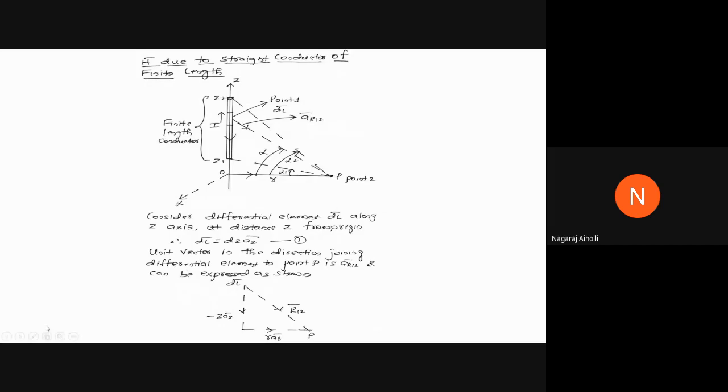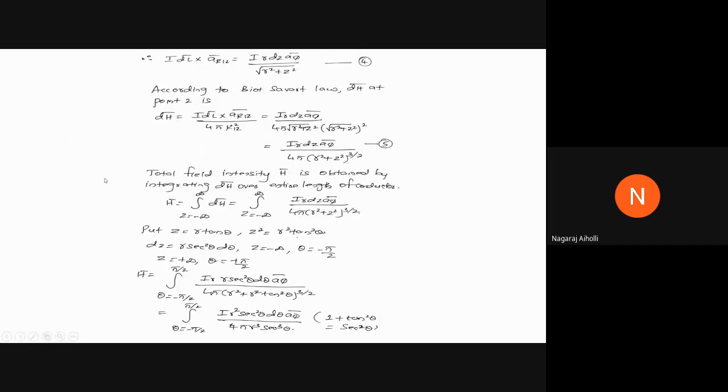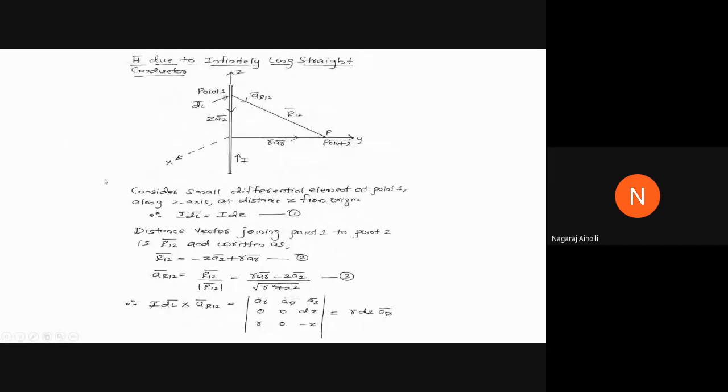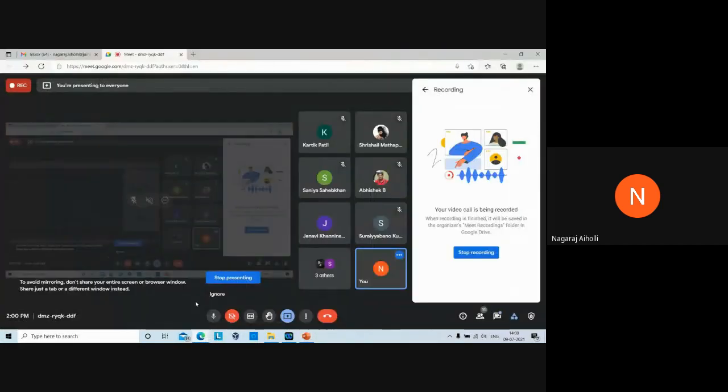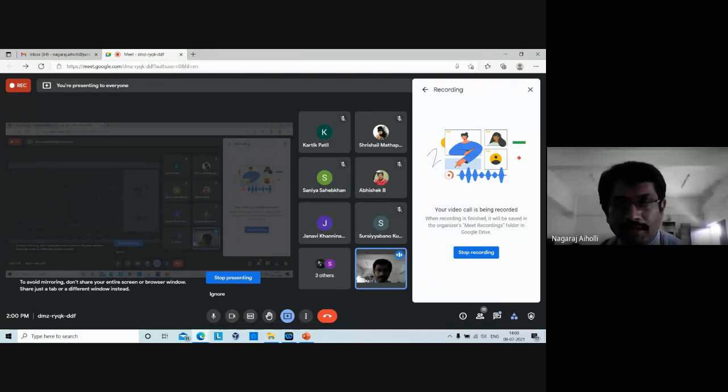Any difficulties here, students, in these two derivations? Any problem in understanding? Did you all understand here?